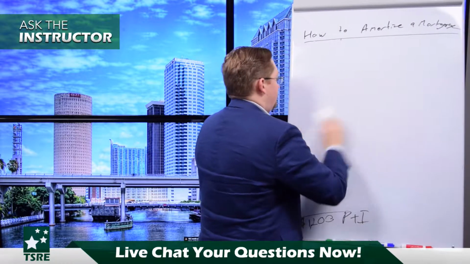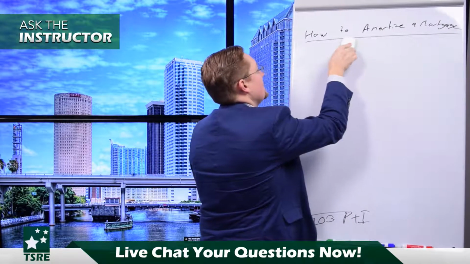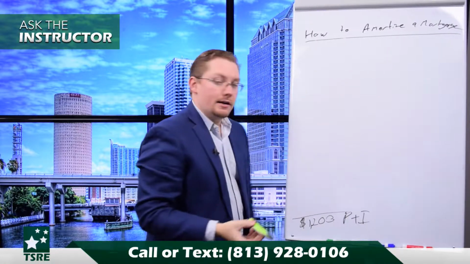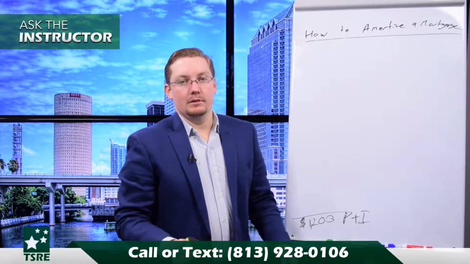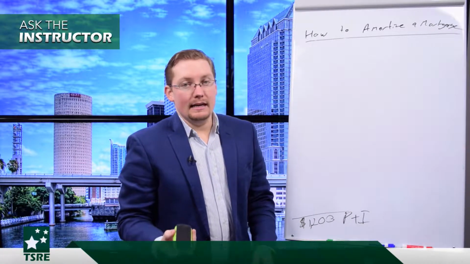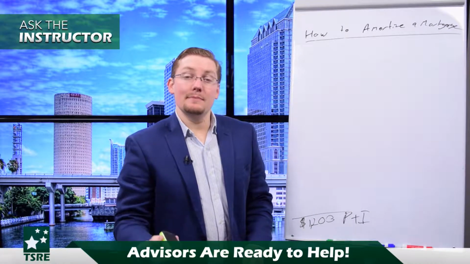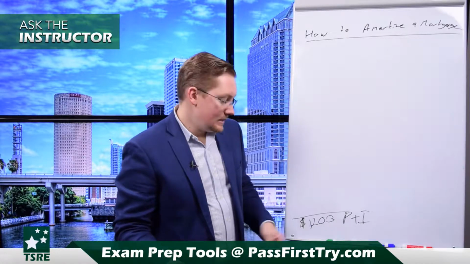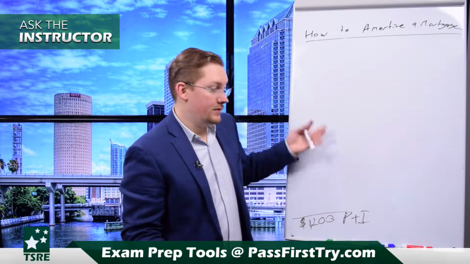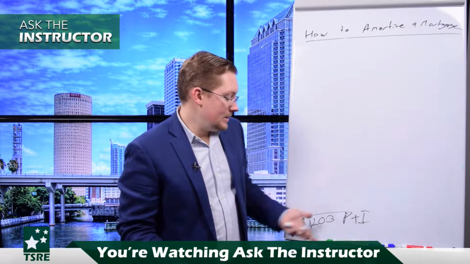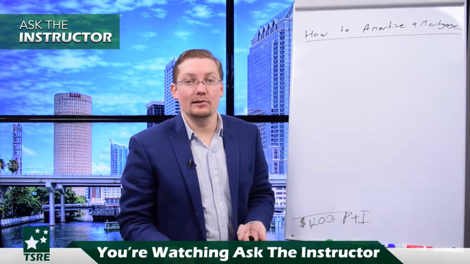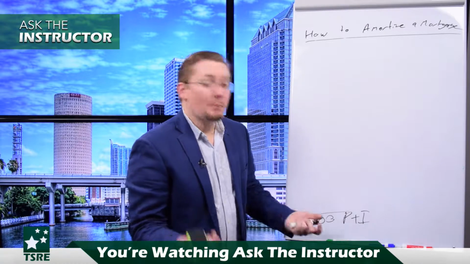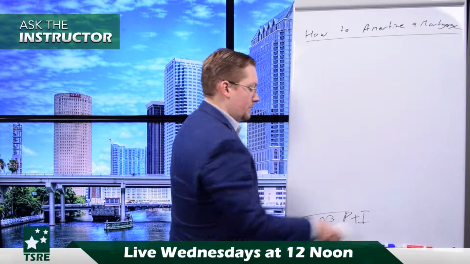Now, if you're preparing for your exam, you're probably only going to see principal and interest. They might not complicate it to where you also have to deal with the impound account with the taxes and the insurance on top of your principal and interest. If you do, it's very easy. You just figure out what that monthly amount is and then subtract it from the total payment, and now you're left with just the principal and interest. But probably your question is just going to start you off with the principal and interest.